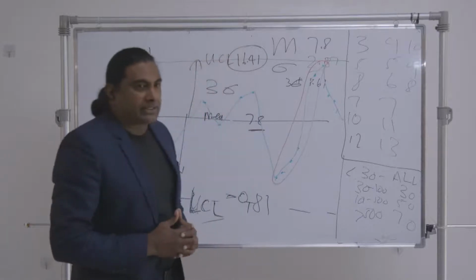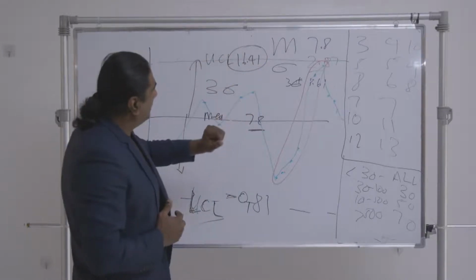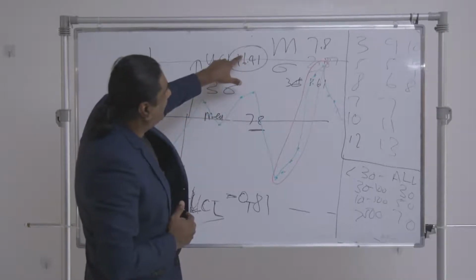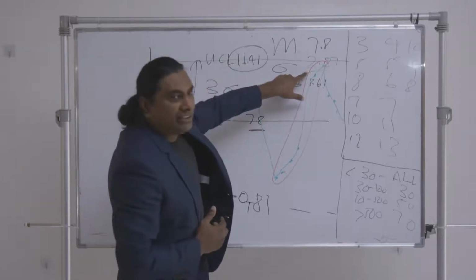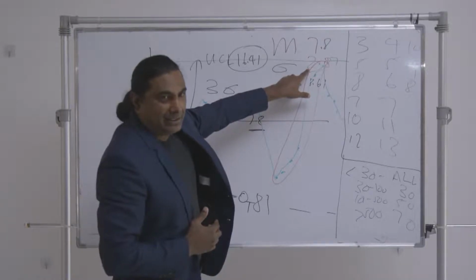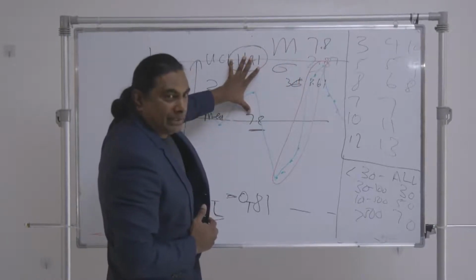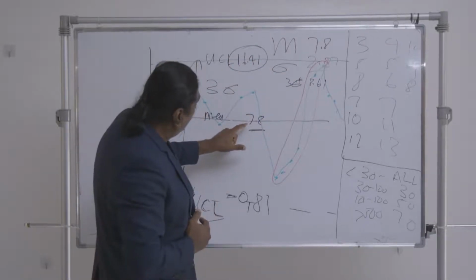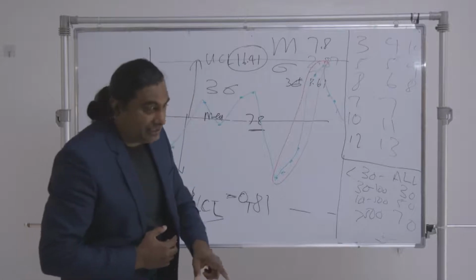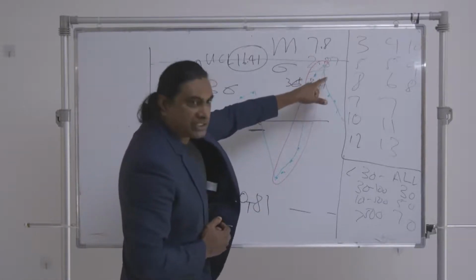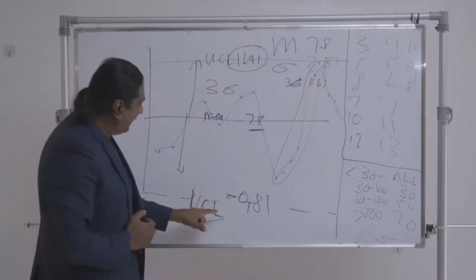It's control limits. Now the upper control limit is the mean plus 3 standard deviations. One standard deviation is 2.87, so we multiply that by 3. That gives us the upper control limit. The lower control limit is the mean minus 3 standard deviations. So it's 7.8 minus 8.61, which is 3 standard deviations, and we get the result.